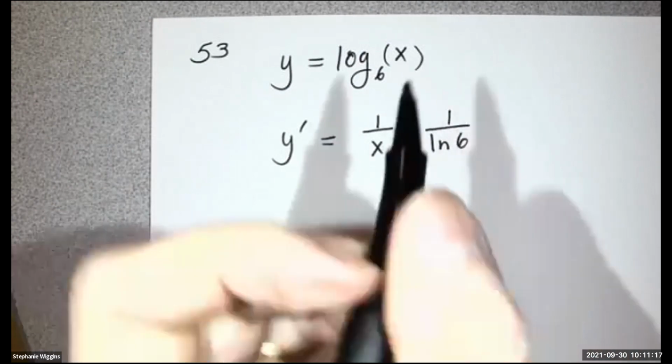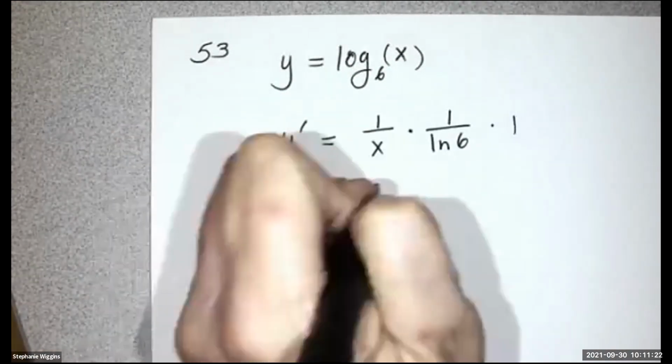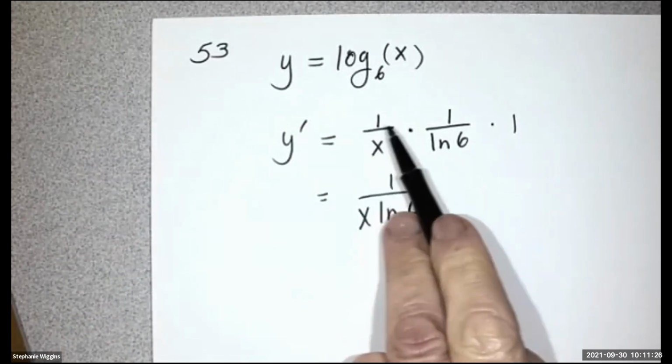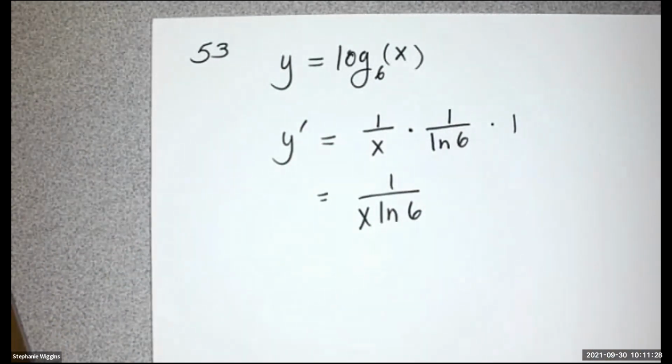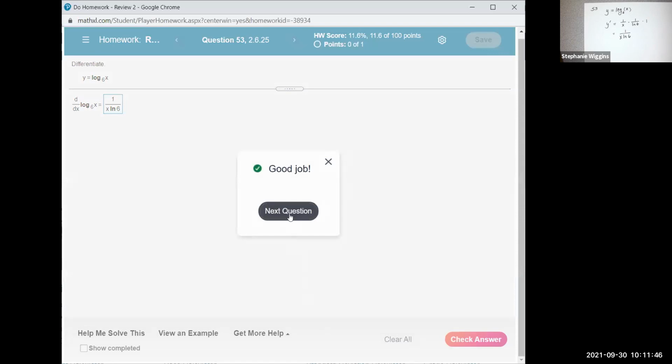Well, that's just 1, so we don't really have to multiply. And we just have 1 over x times the natural log of 6. So step 1, step 2, step 3 for these log functions. Oops, ln 6, I meant to write. There we go, that's better. Okay.